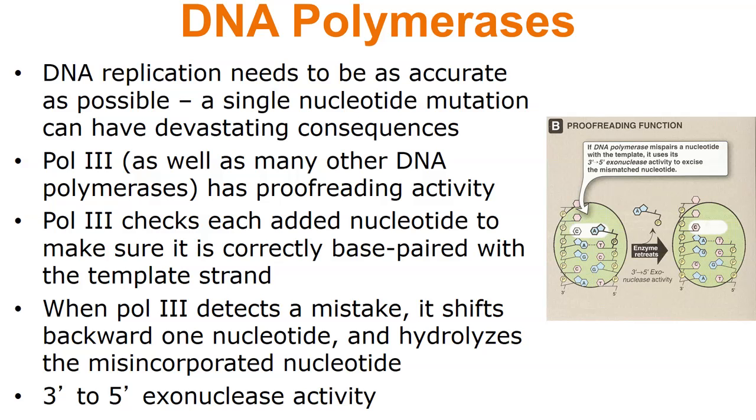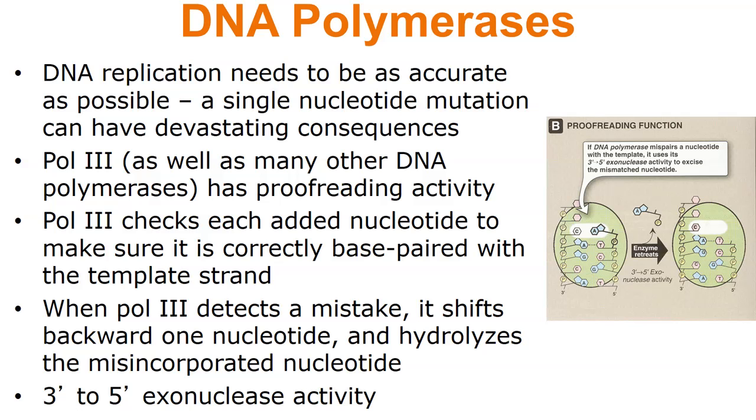So this is an additional enzymatic activity associated with many DNA polymerases. It's a 3' to 5' exonuclease. So DNA polymerase III has a 5' to 3' polymerase activity, and all DNA polymerases and RNA polymerases have that. But it's also got this proofreading activity. So I want you to also realize 3' to 5' exonuclease activity is proofreading activity. You can use these interchangeably in this case.